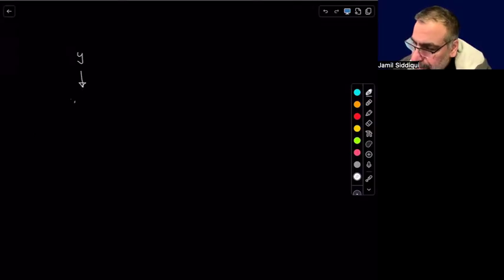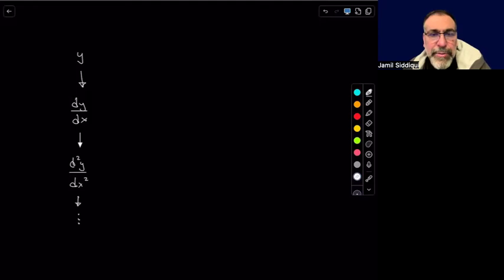So I'm going to write this in a couple of different ways. Dy over dx. If we derive dy over dx, what are we going to get? Well, we're going to get d squared y over dx squared. And this is going to continue as long as we want it to, okay? So that's the Leibniz notation.